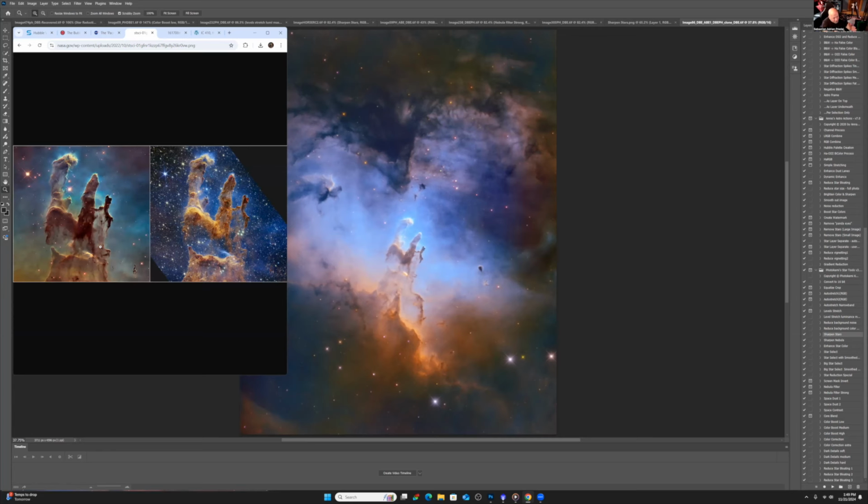Let's say you are 100 or 1,000 light years away from it. Maybe you can still make out the pillars, but the closer you get, that would dissipate. I mean, that's at least my interpretation of it.